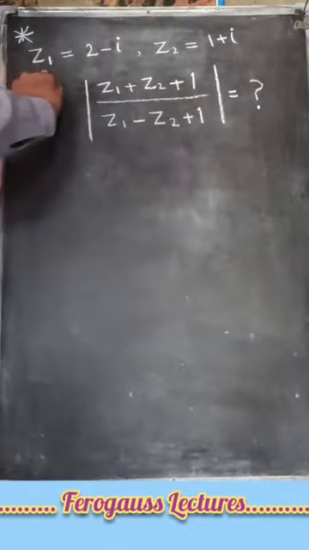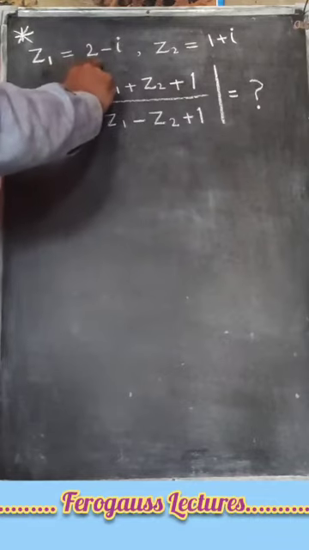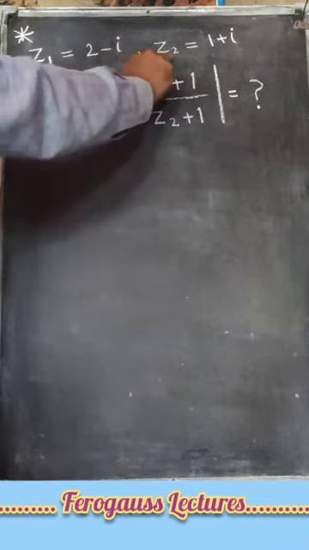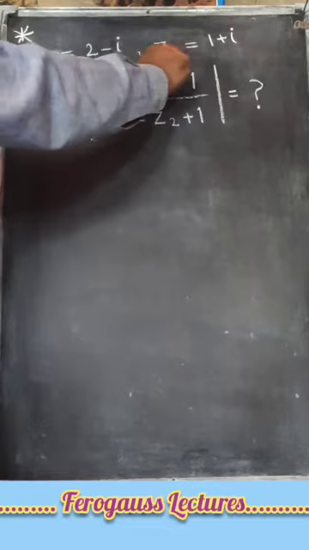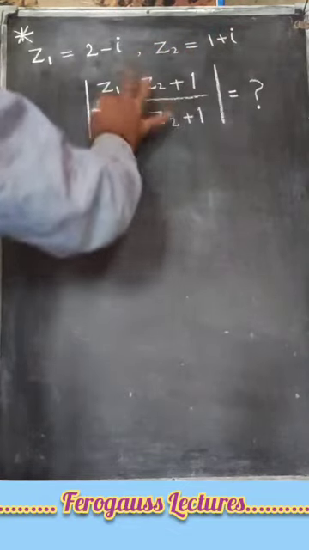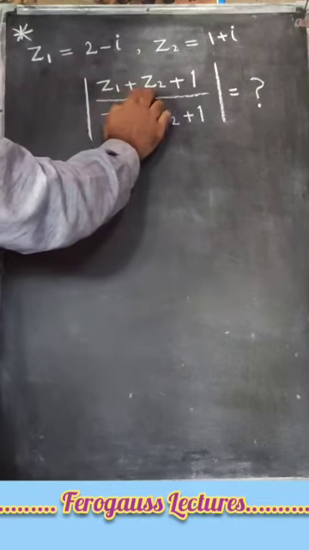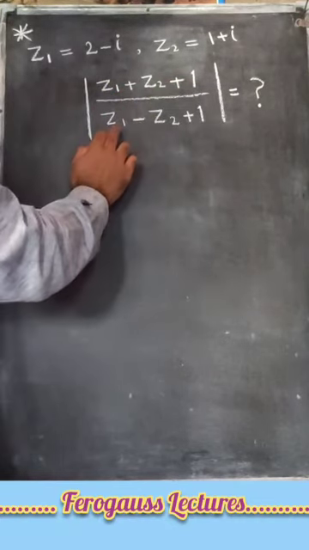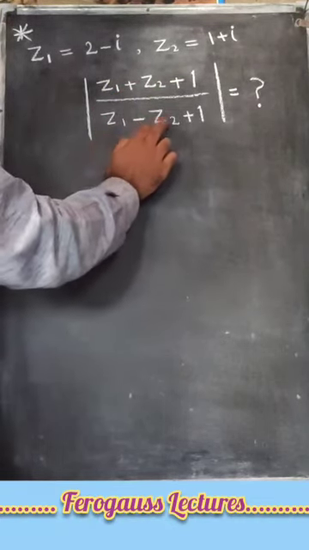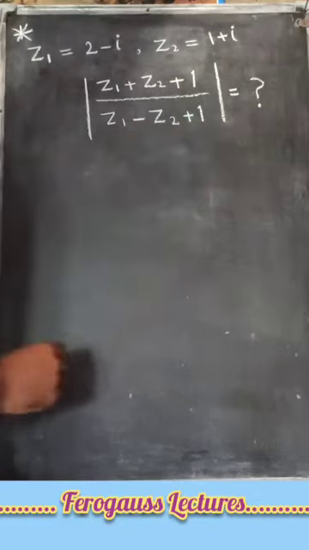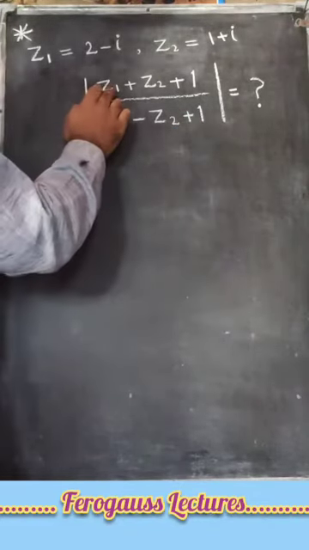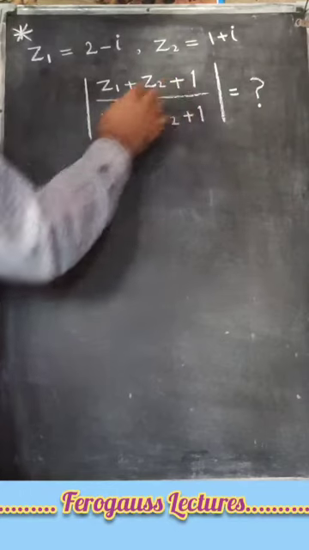Now let's take one more question. Here we have complex number Z1 equal to 2 minus iota and complex number Z2 equal to 1 plus iota. We have to find the modulus of Z1 plus Z2 plus 1 divided by Z1 minus Z2 plus 1. For that, first we will find Z1 plus Z2 plus 1.